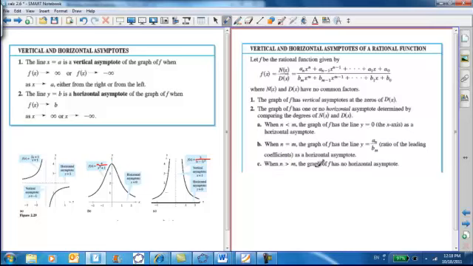If the degree on top is bigger than the degree on the bottom, then you don't get a horizontal asymptote because the top is growing faster than the bottom. When the degrees are equal, that's when we look at the ratio of the leading coefficients. That's what happened over here on (2x plus 1) over (x plus 1). Same degree, they're both first degree, and so the horizontal asymptote was y equals 2 over 1, or 2. Y equals 2 is the horizontal asymptote.